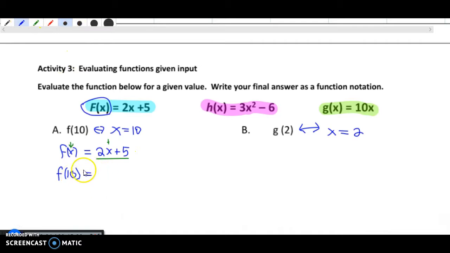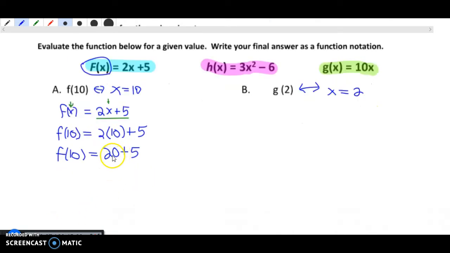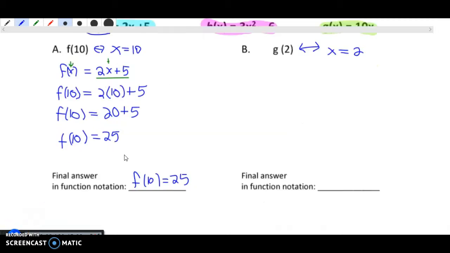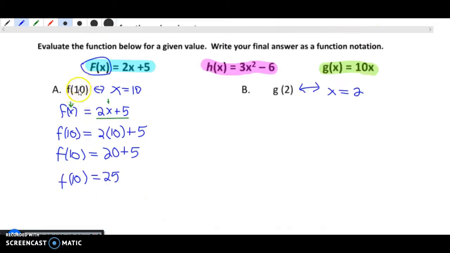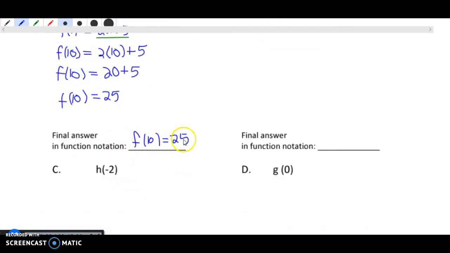So f of 10, we're going to replace x with 10, is equal to 2 times 10 plus 5. Again, very similar to example 1 we did earlier. Simplify the right side. We get 20 plus 5. So we get 25. So f of 10 is equal to 25, and that's how it's written using the functional notation. So when the input is 10, we get 25 as the output.